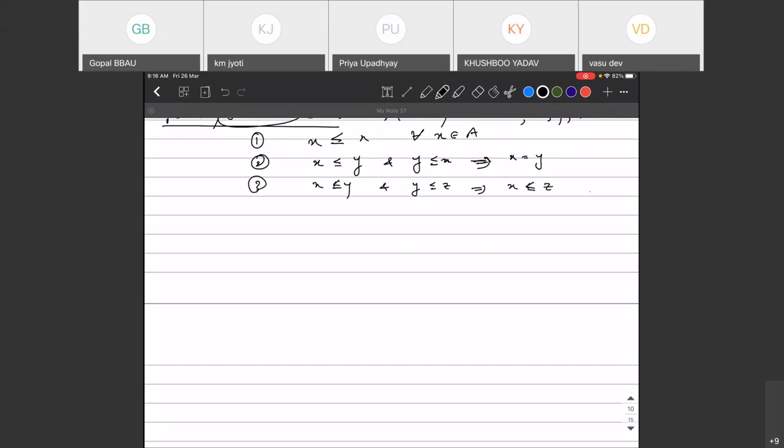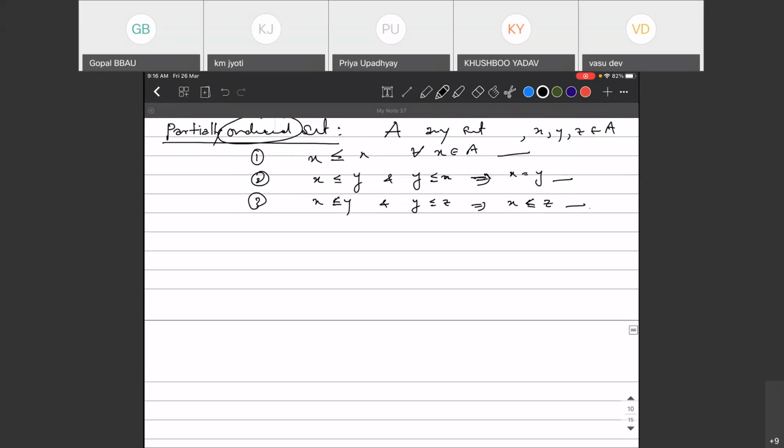So the first one is reflexive, the second one is anti-symmetric, and the third one is transitive. If any set has this ordered relation, denoted by less than or equal to, then we call it partially ordered. A is partially ordered.